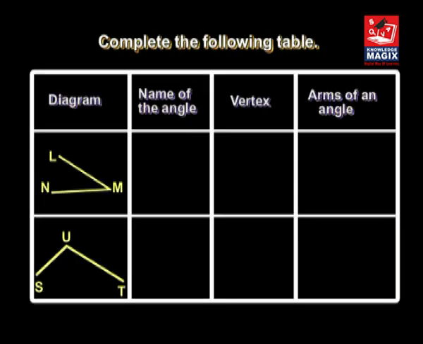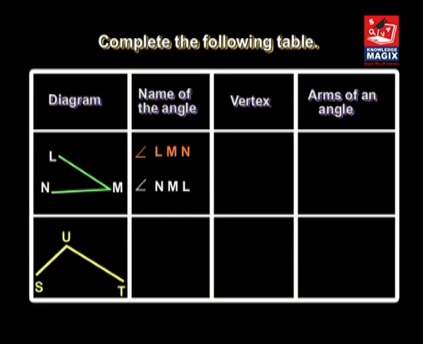Now complete the following table. The first column is diagram, then name of the angle, then vertex, then arms of an angle. So this is angle LMN or angle NML.